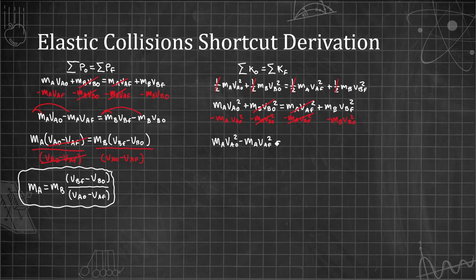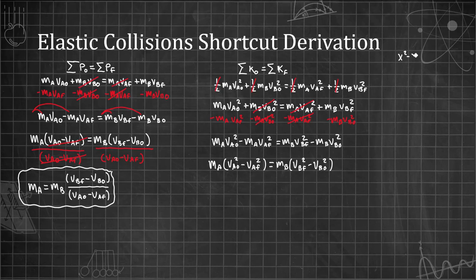Again, we're just subtracting each term from each side, moving it over to the other. This leaves us with something very similar to the momentum equation, where we can factor out an ma from the left-hand side and an mb from the right-hand side.